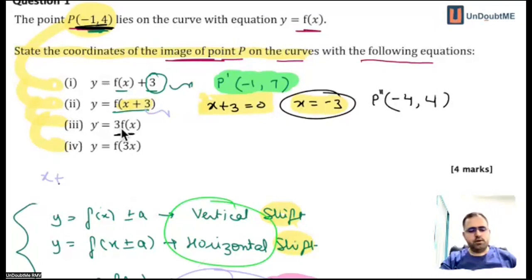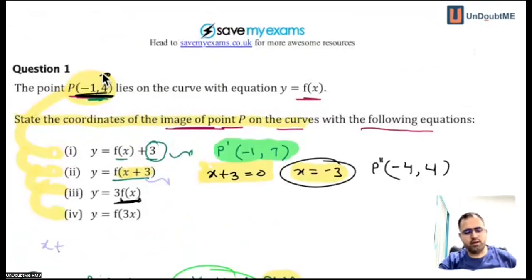It's multiplying by 3. So 3 is multiplied to the whole f(x). f(x) in our point is 4. So the x coordinate will be minus 1, but this 3f(x) will multiply 4 by 3, and that will become 12. So the new point is minus 1 comma 12.